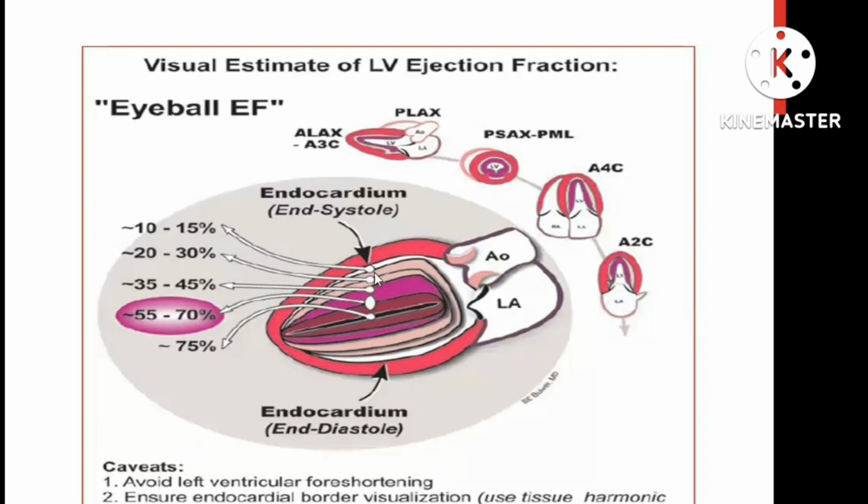You can look from the direction. Let me say, if this is a normal endocardium or the ventricle during diastole, then if it contracts to the height level only, the ejection fraction is 10 to 15. If it goes to somewhere here, then it becomes 20 to 30. And if it comes to the pink level, then it becomes 75.